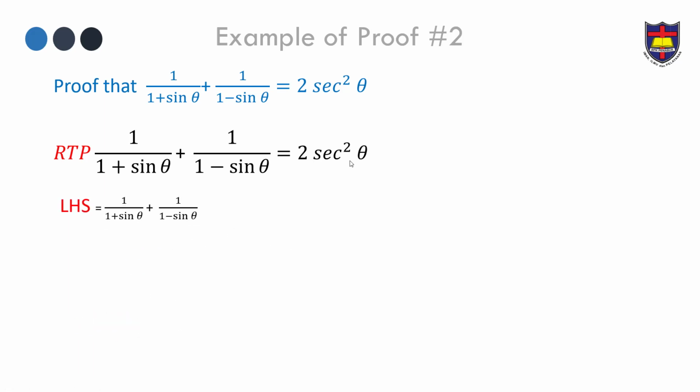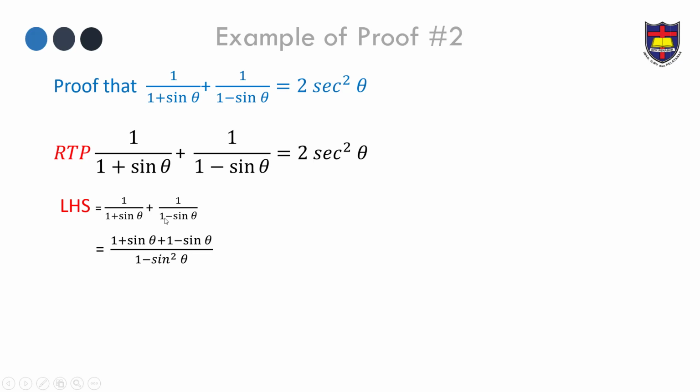Here, I also start from the left hand side: 1 over 1 plus sine theta plus 1 over 1 minus sine theta. What step do you think is needed here to make it become one term only? Since these are two fractions, you can combine them into one with a common denominator. So, we make it the same denominator.